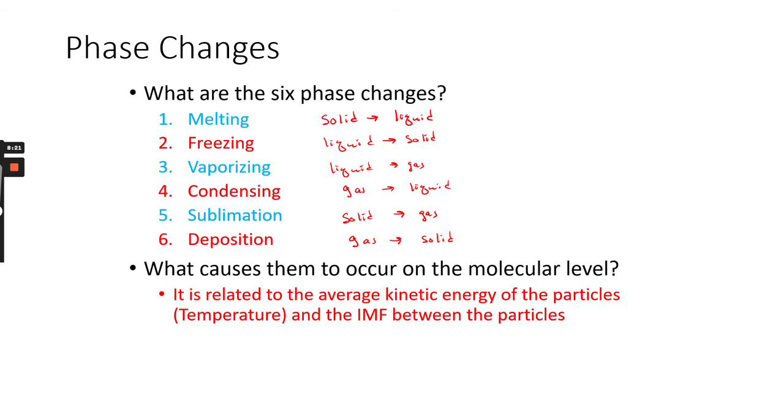So which of these phase changes do you have to add energy into in order for it to occur? Which are endothermic? Endothermic, you're adding heat in order for the phase change to occur. So in this case, the endothermic ones are blue.